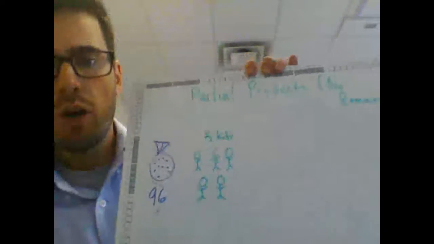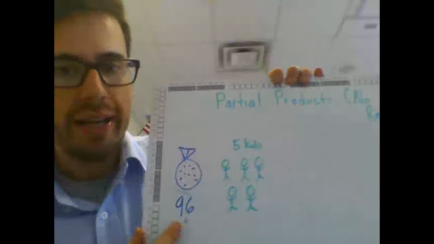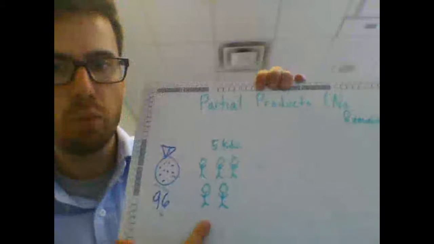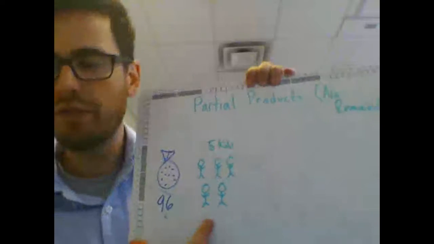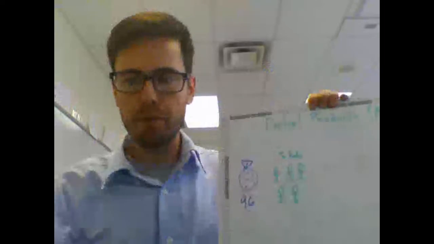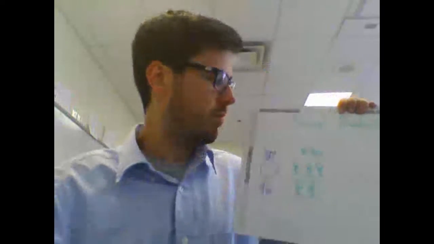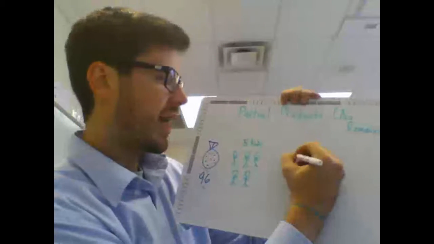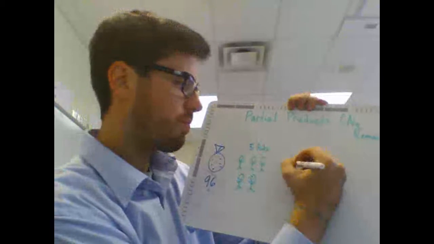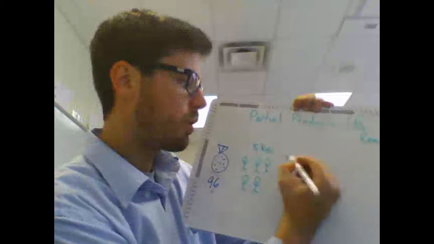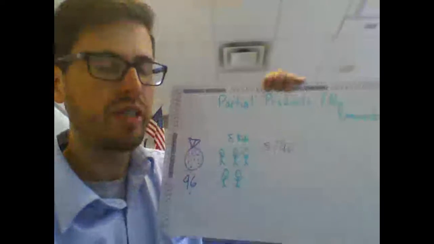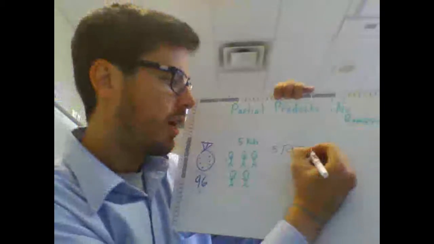In a previous video, we were talking about if we had 96 marshmallows and we were to divvy them up for 5 kids, and we set up the problem so that we put 96 in our house. We put the number we wanted to divide, and the groups we wanted to divide into.